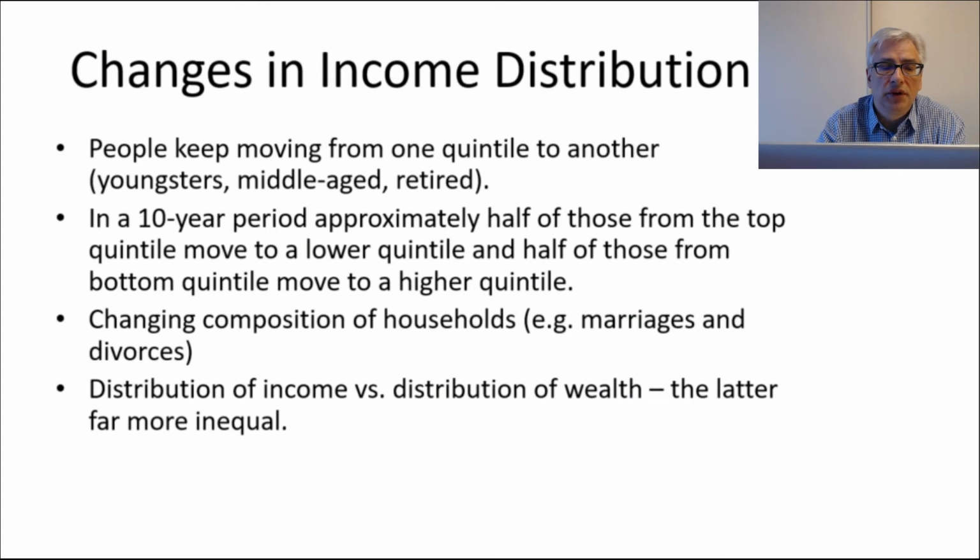Does income distribution change over time? Well, it does, for a number of reasons. First of all, people move from one quintile to another. You can see it very well when you trace someone's career. If you graduate from the university, your first salary would be pretty small.